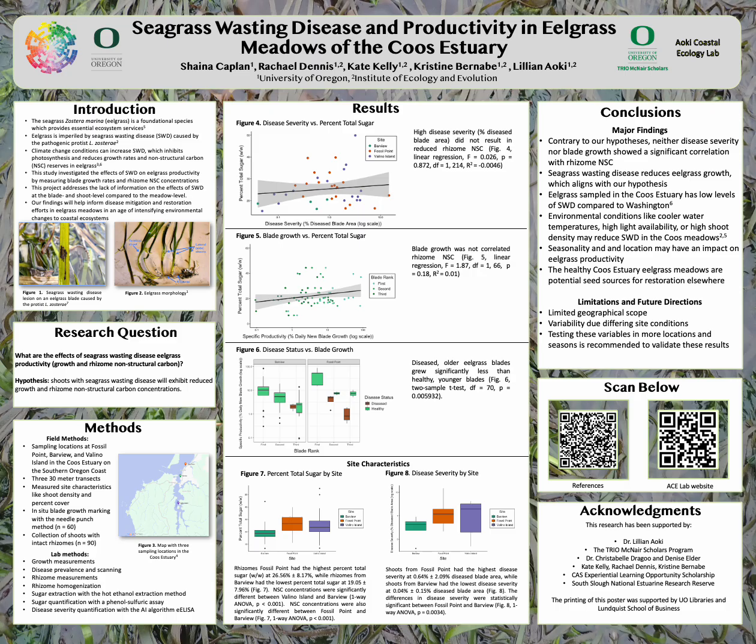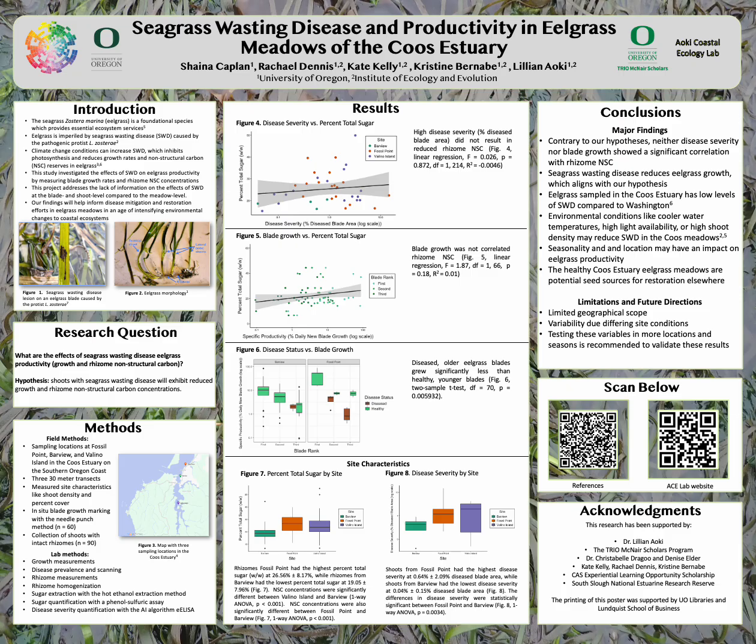The Coos meadows may be less diseased because of factors like high shoot density, high light availability, and cooler water temperatures, since all of these factors have been associated with reduced seagrass wasting disease.